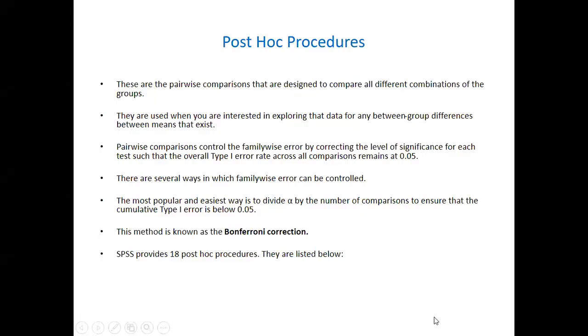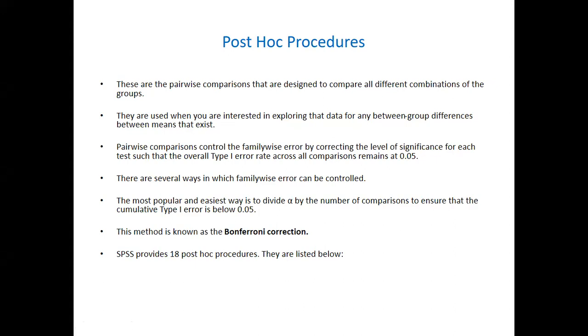So these are pairwise comparisons that are designed to compare all different combinations of the groups. For 3 groups, you have 3 different combinations. For 4 groups, you have 6 different combinations. For 5 groups, you have 10 different combinations.